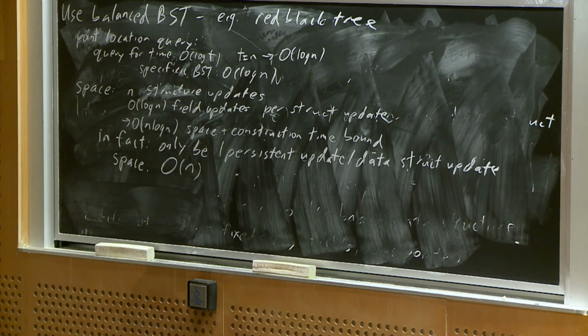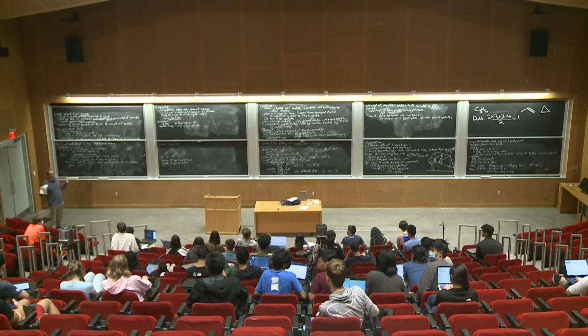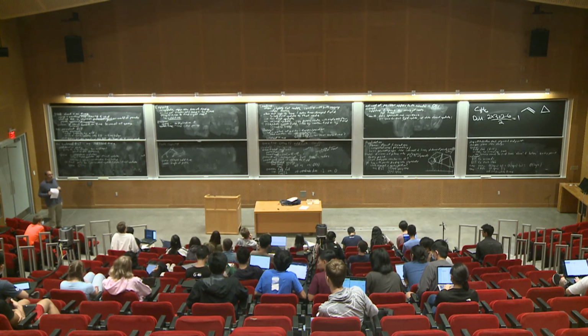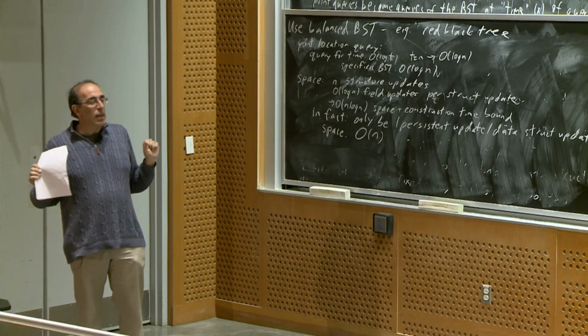So in fact, these are the same time bounds as you have for the one-dimensional problem. Sorry, twice as slow, because you do 2 binary searches instead of 1 binary search. But this is an optimal data structure for this interesting and fundamental point location problem that we get just by throwing a persistent data structure at the problem.